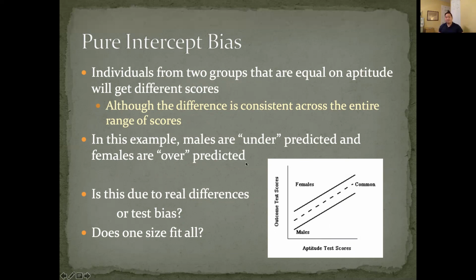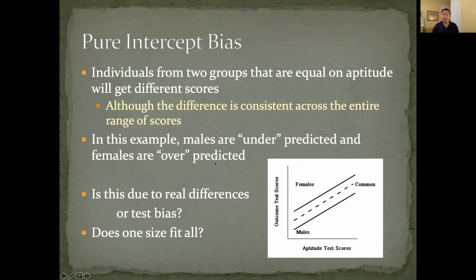Is this biased, though? It could be that there are genuine important differences here, that women do better on the outcome tests than men with the same aptitude score. Pure intercept bias by itself doesn't necessarily mean that there is bias, although if you look at this graph, you would think that's maybe not great.